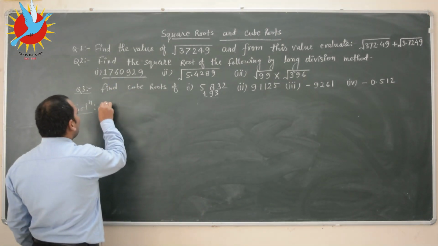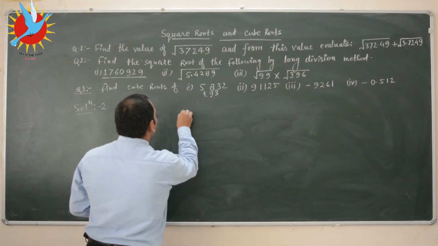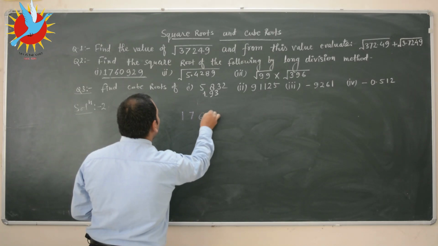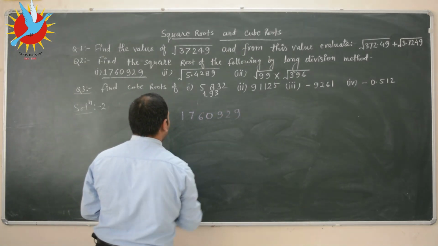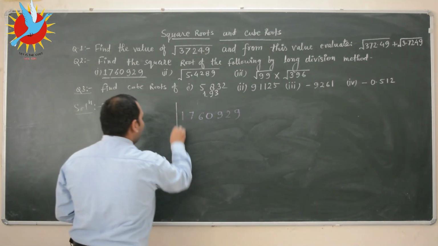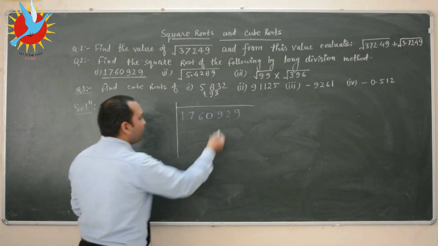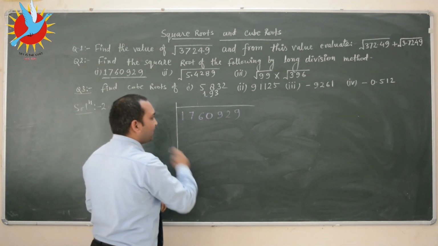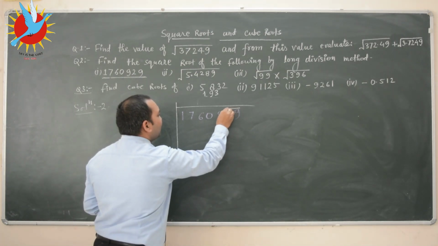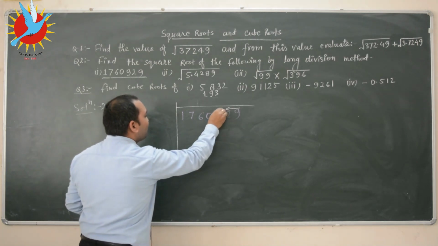So second solution, the number is 1760929. So this number we find the square root by the long division method. So we pair from right to left. Always pair the number from right to left.